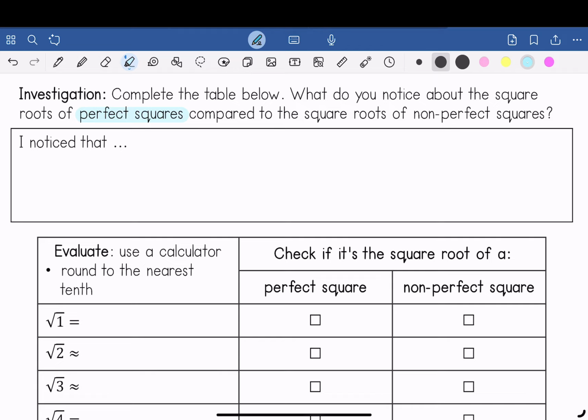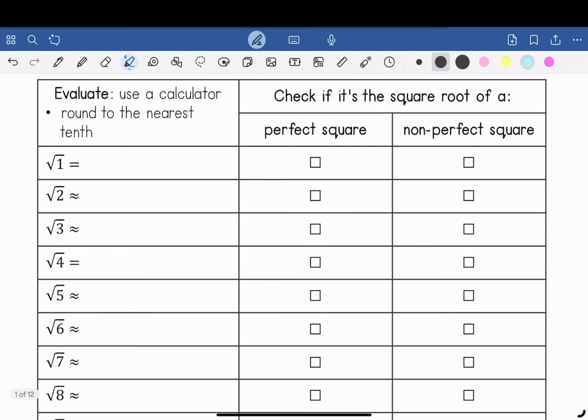So let's fill out the chart below. Square root of 1 is 1. Square root of 2, and you can use your calculators to get this, is 1.4. Here I put approximately, because the square root of 2, if you put it in your calculator, will be 1.4142 etc., lots of other digits.